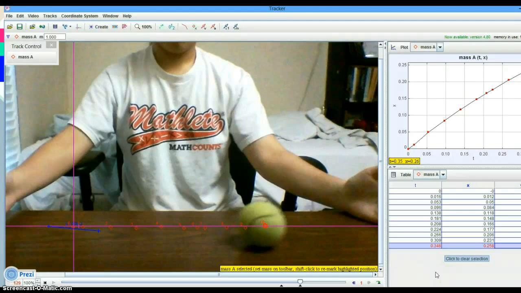So now we're going to edit the Python code to make a computer model to represent this.